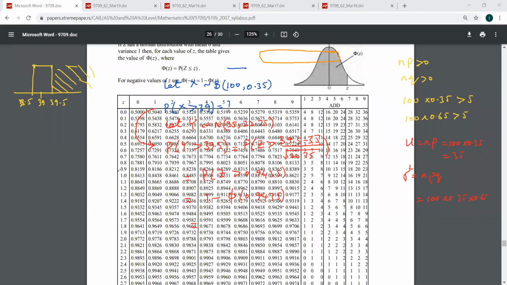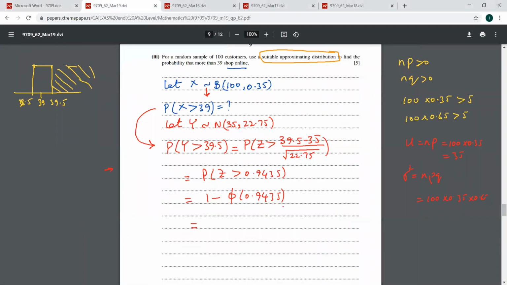So 0.9 is here, 4 is here, 0.94. This is 0.8264, and under 5 we have 13. So this is 0.8277. There can be a mistake made by us while finding this, so you can better check your answers here. 1 minus 0.8277.